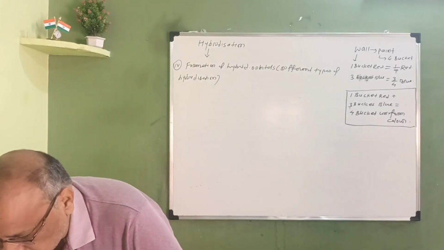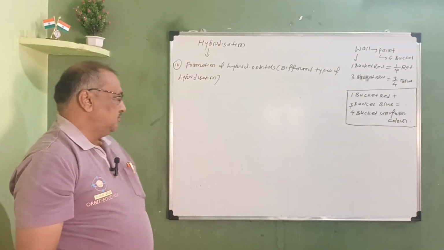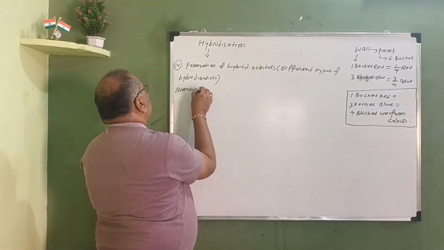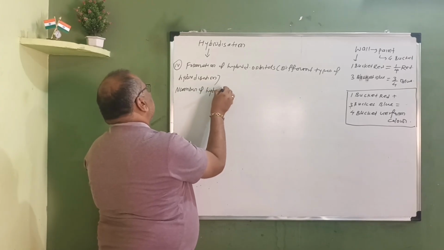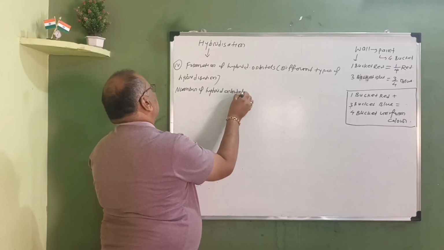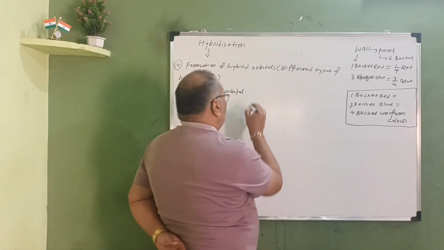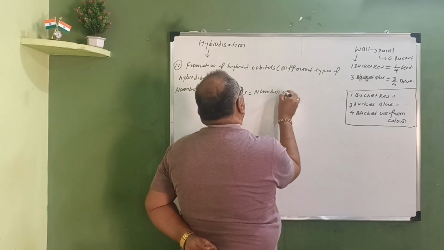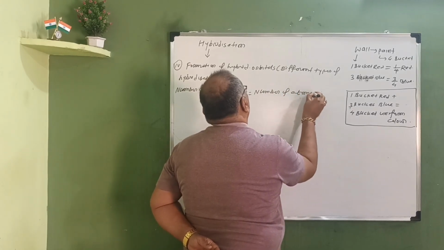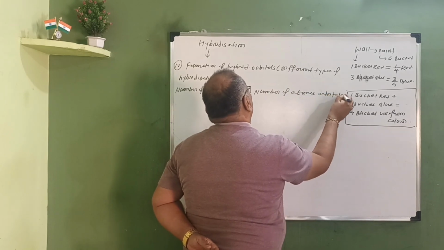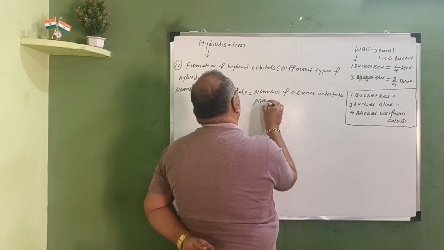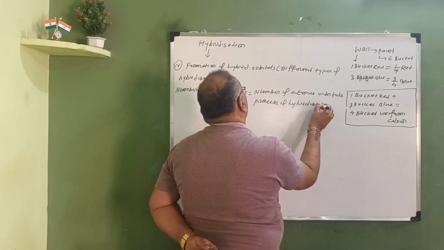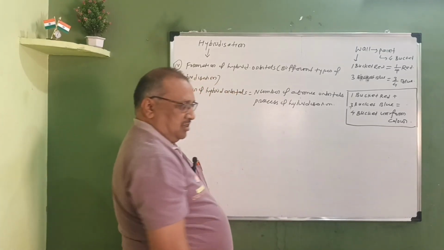Now here the number of hybrid orbitals produced is equal to the number of atomic orbitals involved in the process of hybridization.